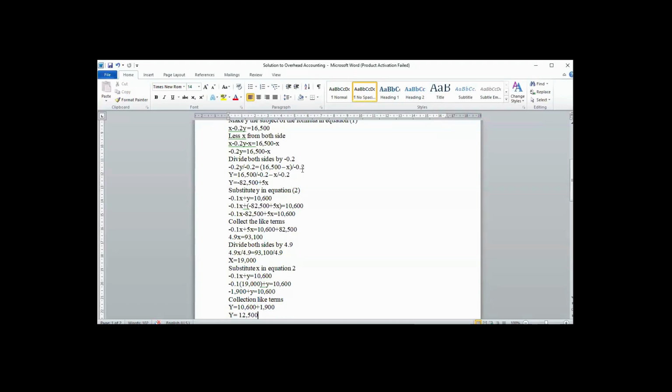It gave us minus 1,900 plus y equals 10,600. Collect like terms. That y is equal to 10,600 plus 1,900. It gave us 12,500. The result we now got for x and y would be what you are going to share in your paper. Yes, table. That is the standard.